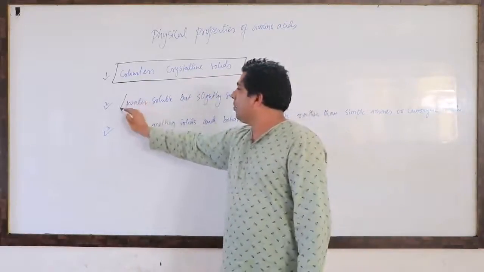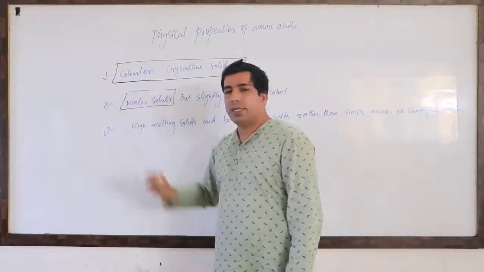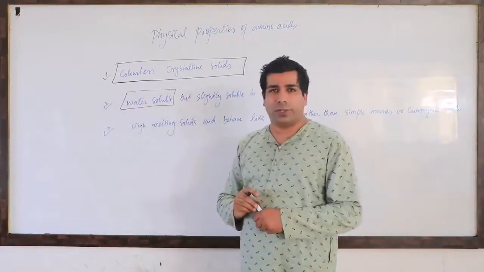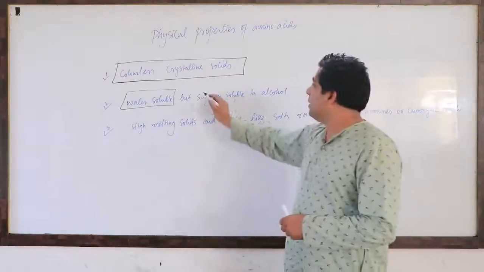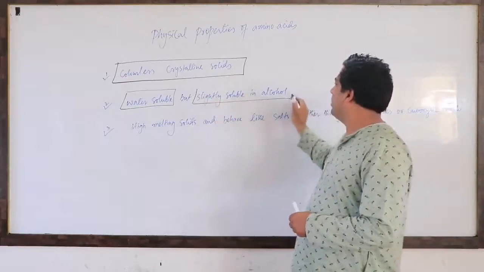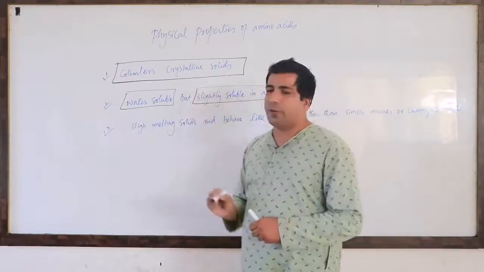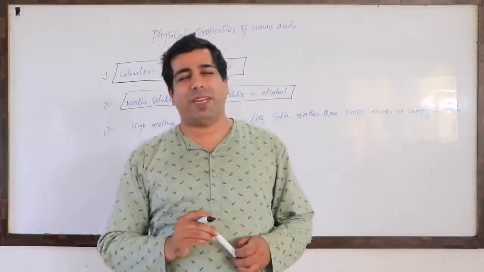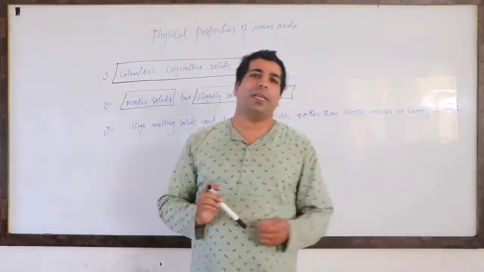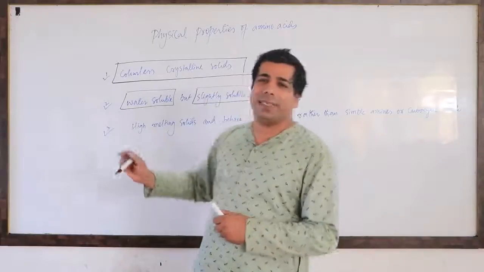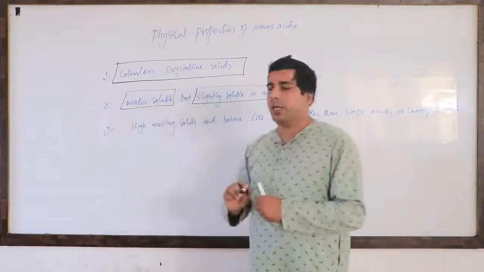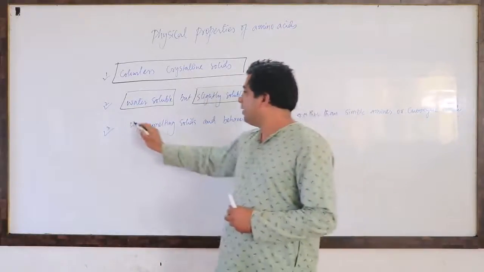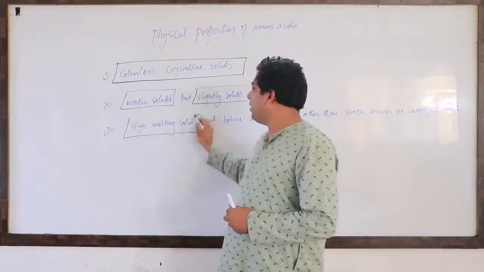They are soluble in water. So amino acids are water soluble, but only slightly soluble in alcohol. Your amino acids are very much less soluble in alcohols, but highly soluble in water. And the final thing is that they have a high melting point.